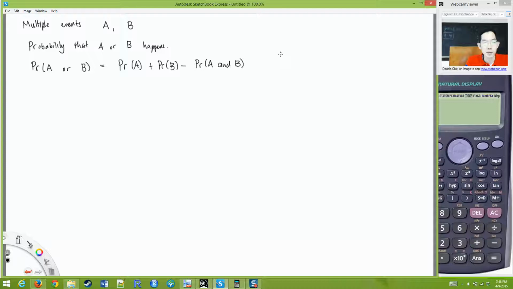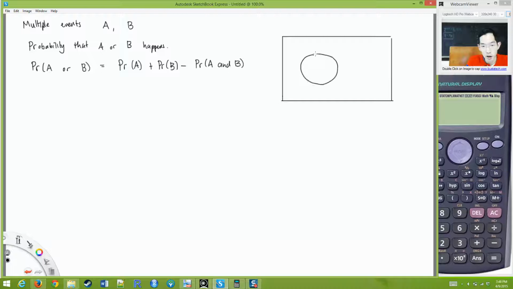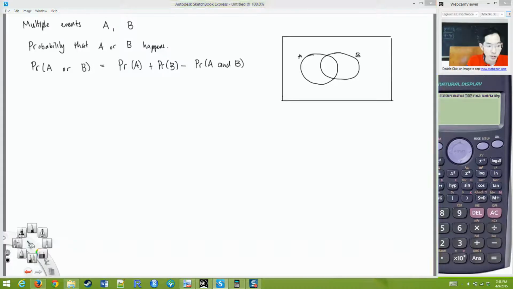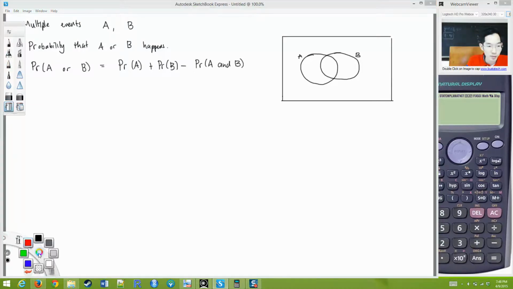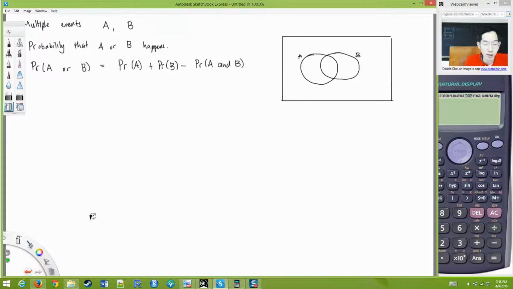Okay? This is always the case, and so you can imagine we have some space like this. Over here is A, over here is B. Is this assuming that A and B are the only options, or no? No, these are not.